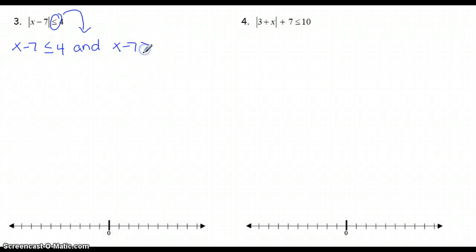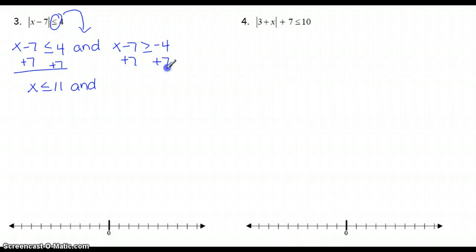Flip your inequality symbol and make the 4 negative. Now we can continue by solving both inequalities. Add 7 to both sides. X is less than or equal to 11. And add 7 to both sides. X is greater than or equal to 3.